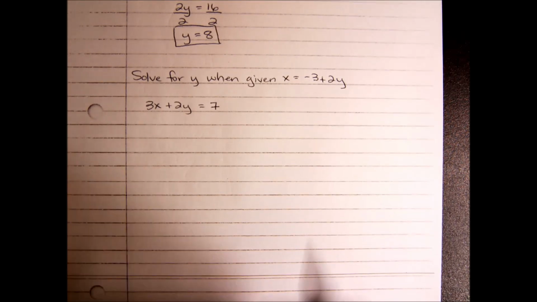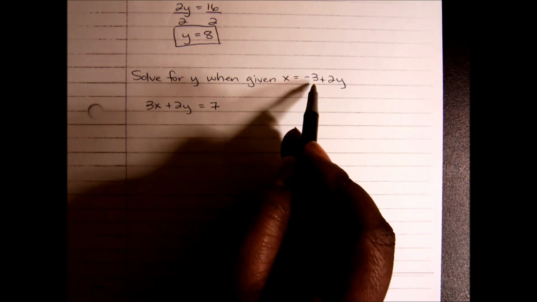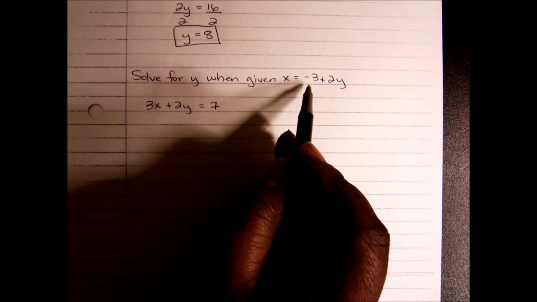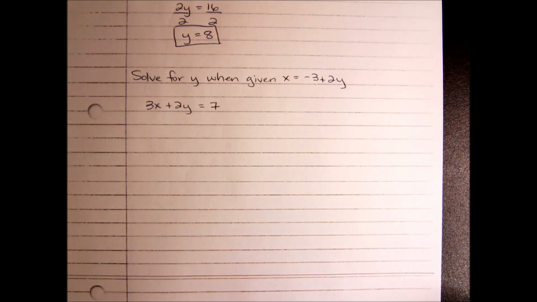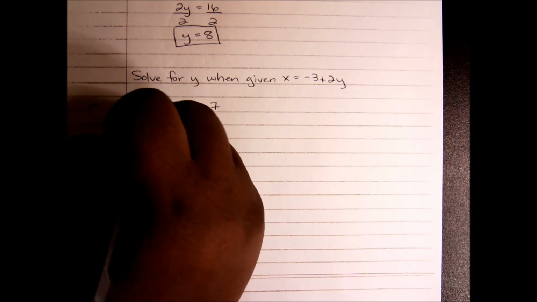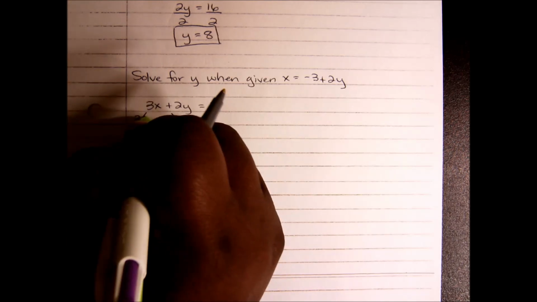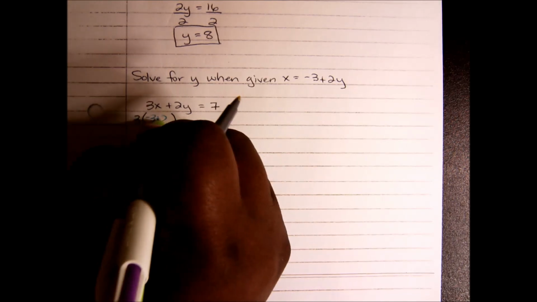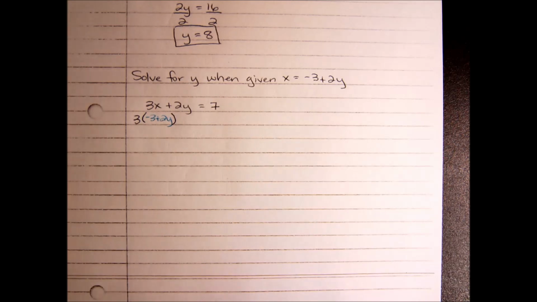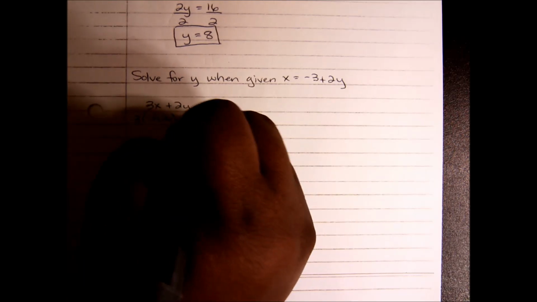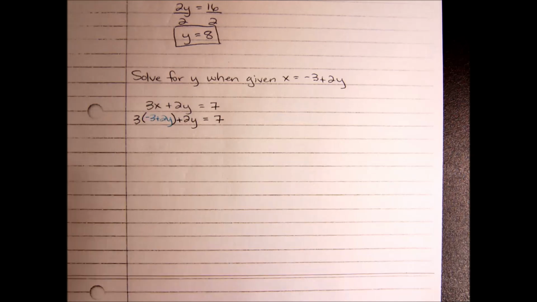Now, instead of just plugging in negative 3, we're going to substitute x with the expression negative 3 plus 2y. So this is 3, and in parentheses, we're going to write negative 3 plus 2y. And then we're still adding 2y, and all of this is equal to 7.